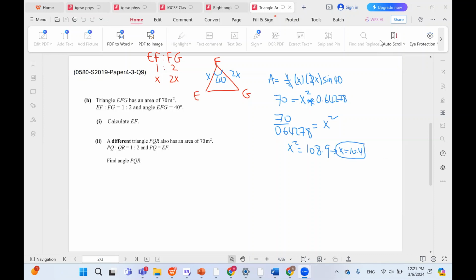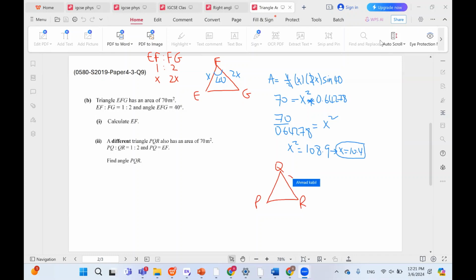For question II, it says a different triangle PQR also has an area of 70. PQ to QR is 1 to 2, and PQ equals EF. Find angle PQR. So let's draw the triangle again. We have PQR. We are told that the ratio of PQ to QR is 1 to 2.